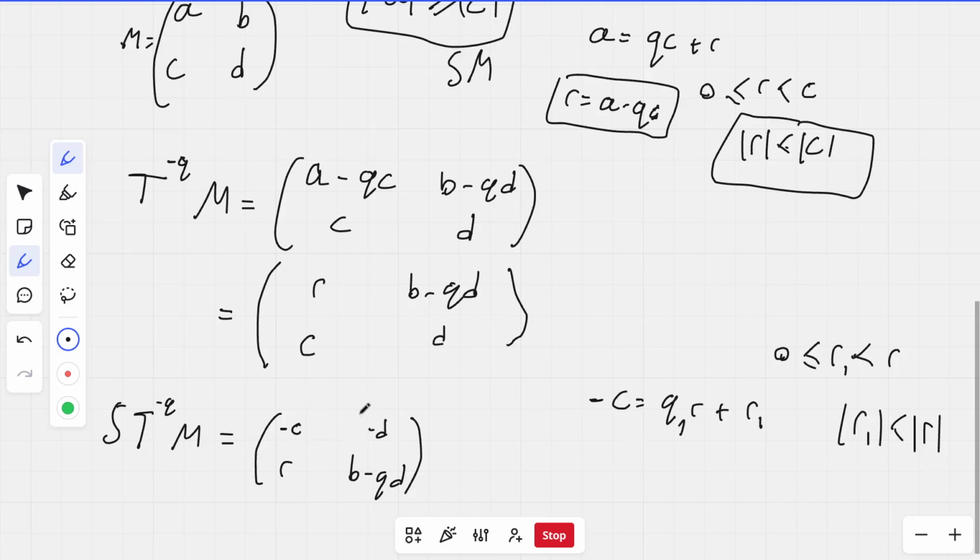And we can repeat this process over and over again of applying. So the next step would be to apply the matrix T to the minus Q1.